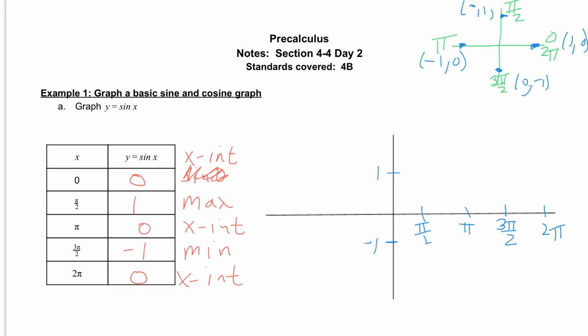So we have the point 0, 0, the point pi over 2, 1, pi, 0, 3 pi over 2, -1, and 2 pi, 0. And your graph is going to curve. If you remember what the graph looked like from the other day of notes, it's just curving up and around. And that's one full period. From 0 to 2 pi is one period of our sine function.